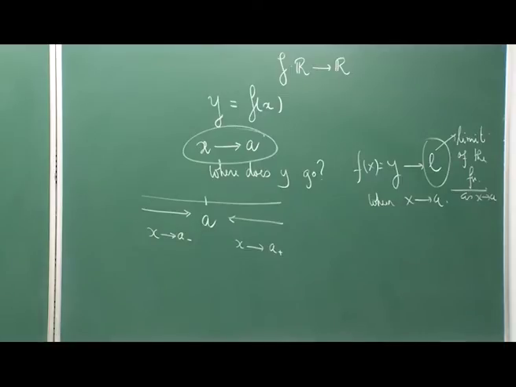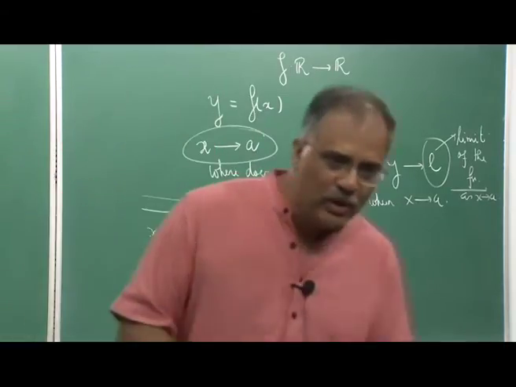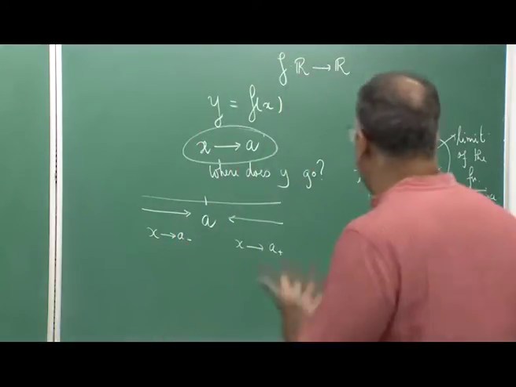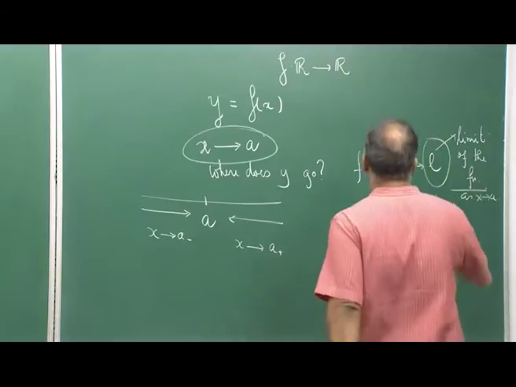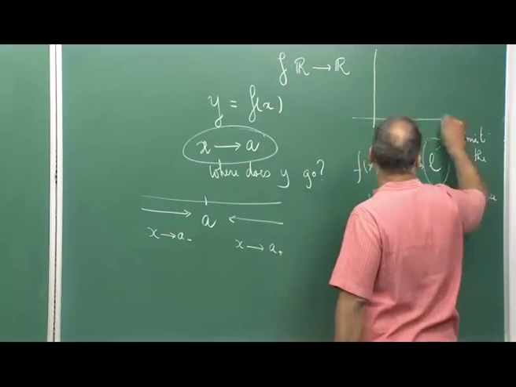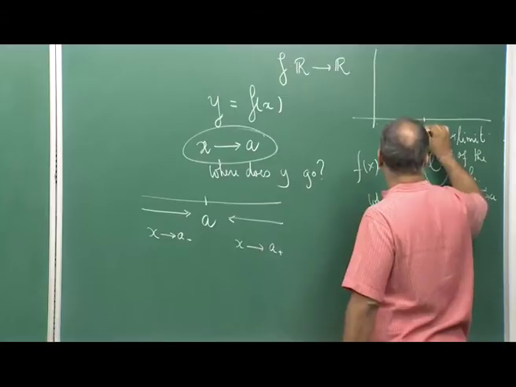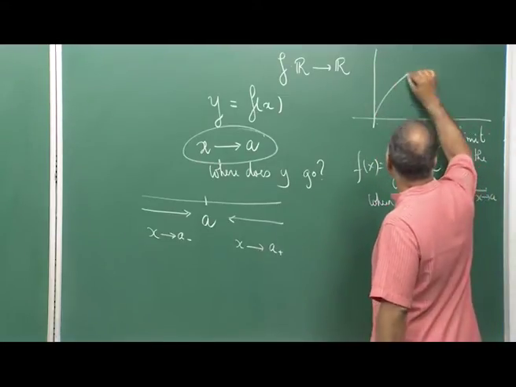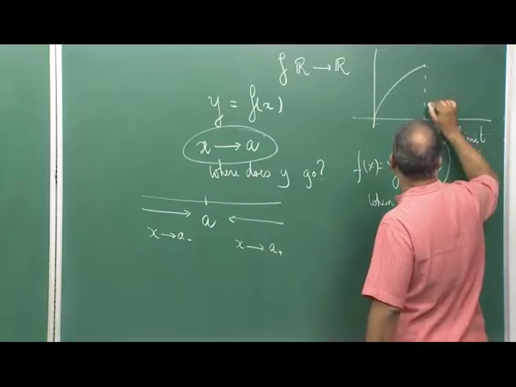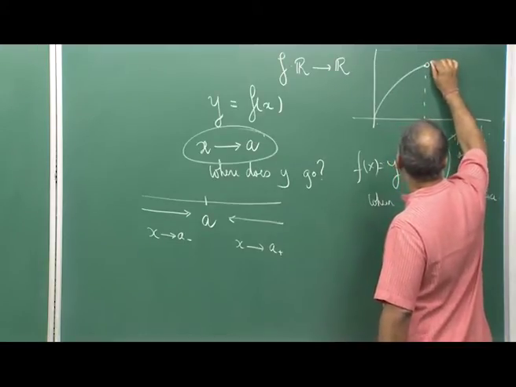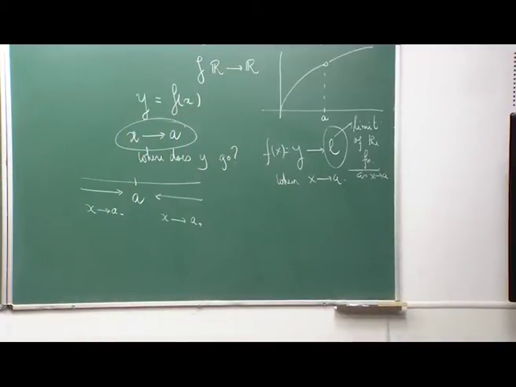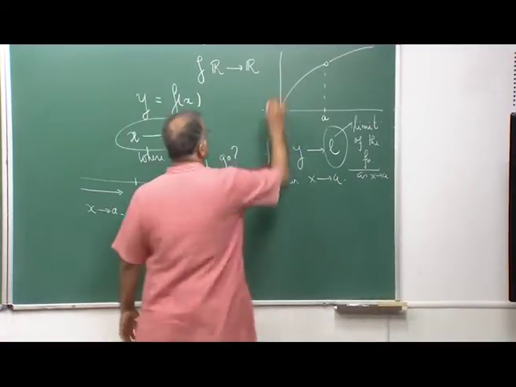So, what does it mean by f(x) going to L? It tells you that f(x) is somewhere near L, the f(x) value could be on the right side of L and could be on the left side of L. See, x need not be a because the function itself may not be defined at a.